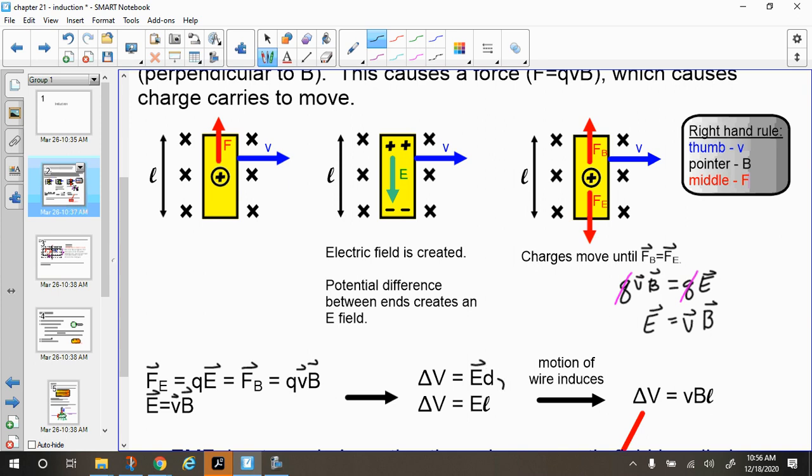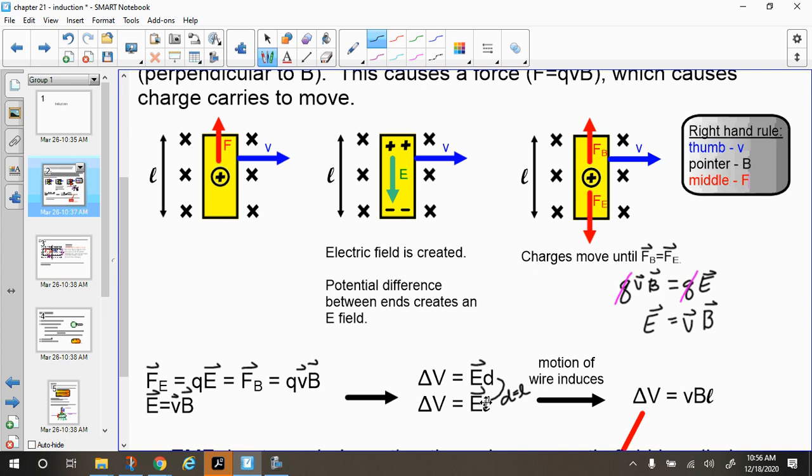Well, in this situation, for some reason, we use a different letter for position. So D is basically just L.